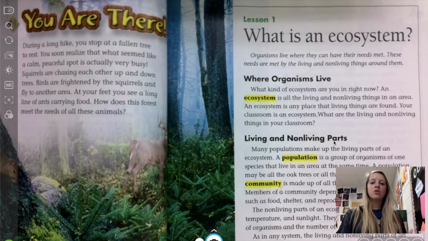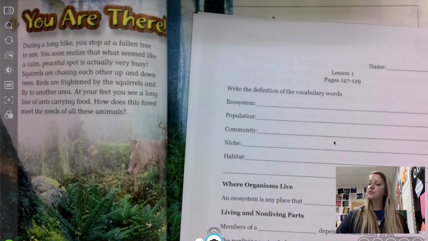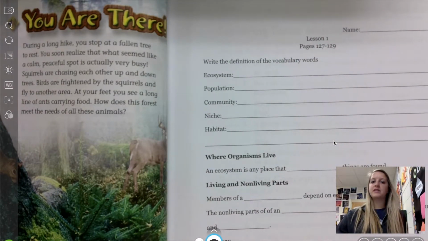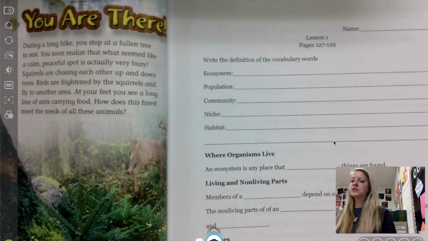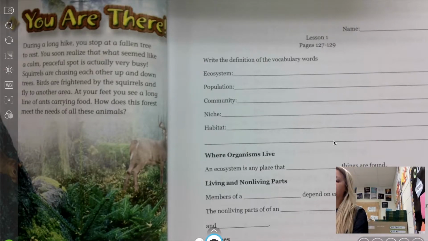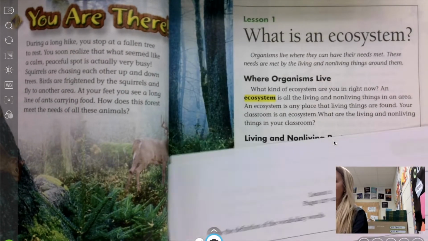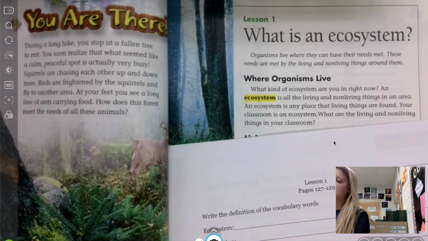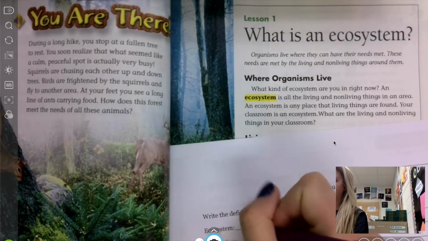So those are all different things that help make this classroom run smoothly. As we go through our notes today, you're going to be writing the definition of the vocabulary words. And that first one being ecosystem that we went through is all the living and non-living things in the area.